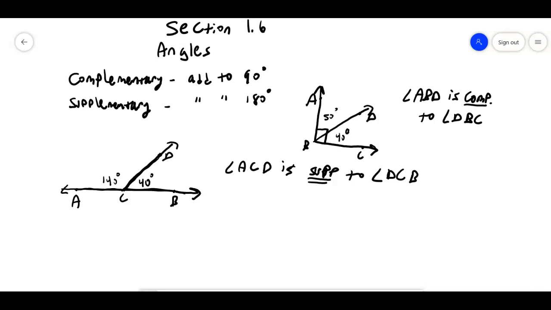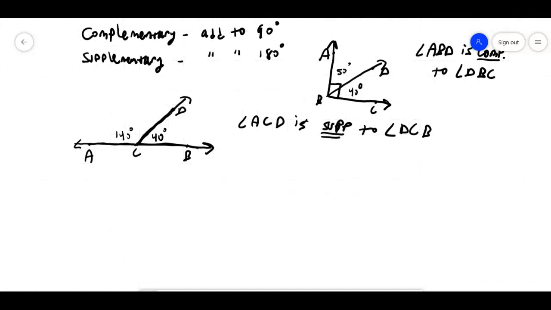Okay, these are also called adjacent angles. Two angles that are right next to each other and they share a vertex, those are called adjacent. So adjacent basically just means right next to each other. So adjacent angles share a vertex.